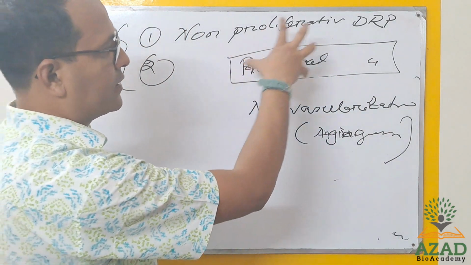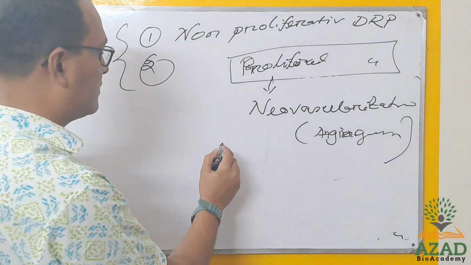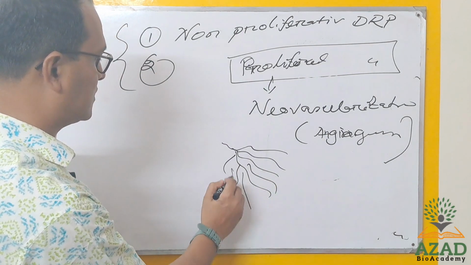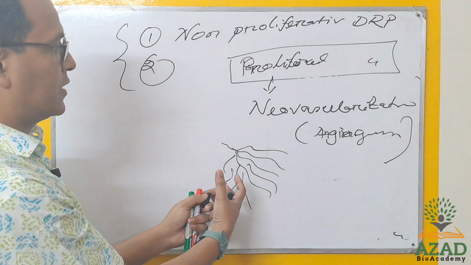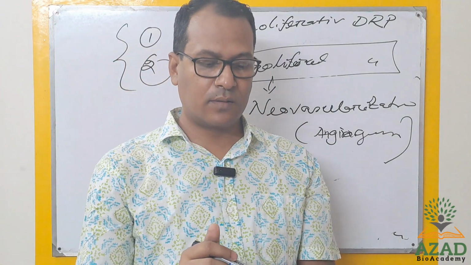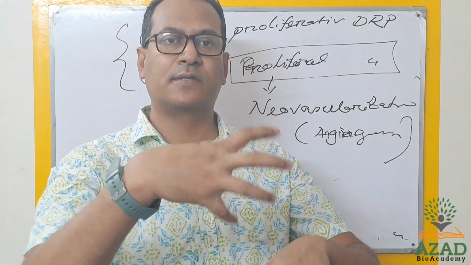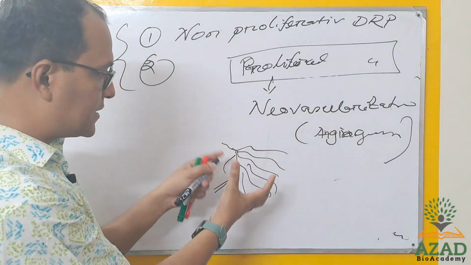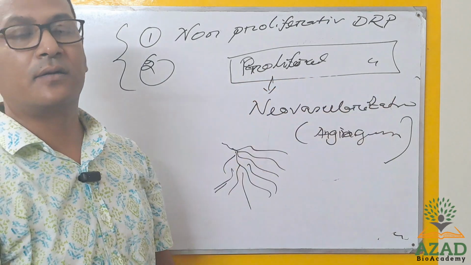Proliferative retinopathy means in your retina, the blood vessels will produce excessive branches like that. That is, new blood vessels will form. Okay? So if you watch under a microscope, excessive blood vessels will be visible. That is called neovascularization, and this is the basic criterion of proliferative diabetic retinopathy.